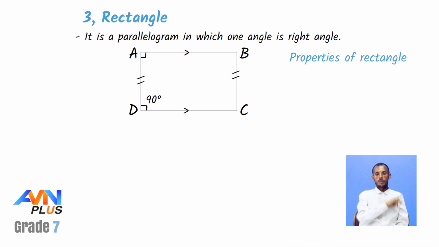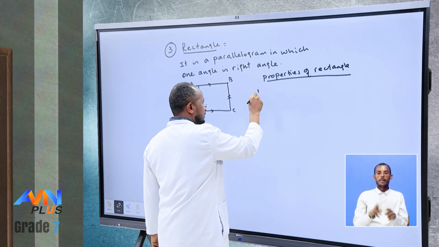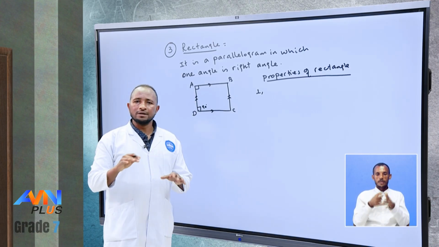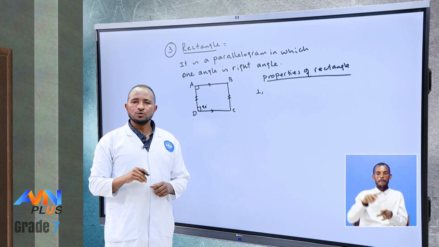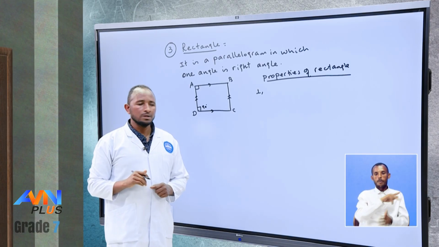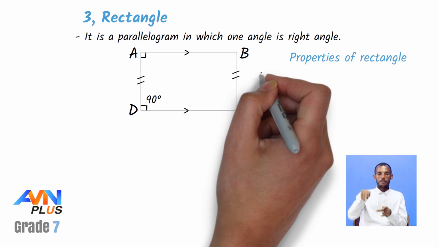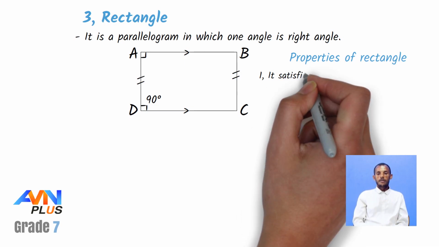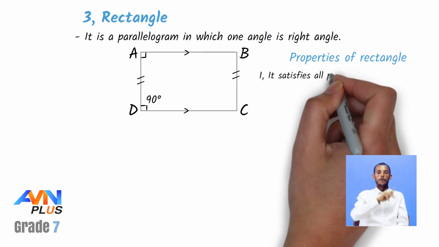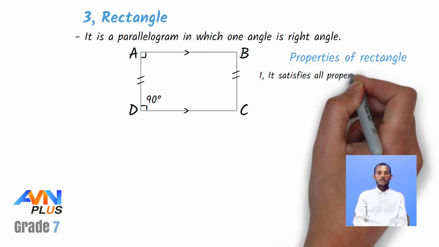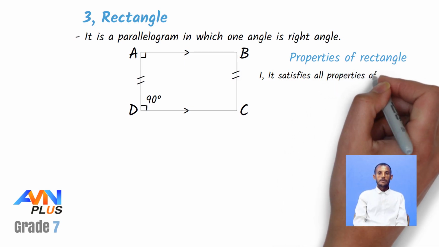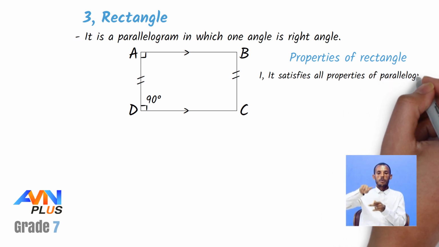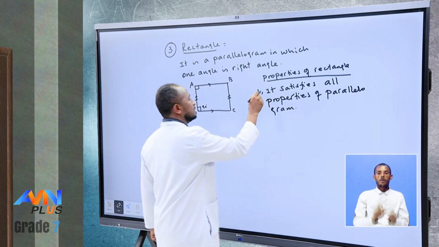Properties of a rectangle. One: since all rectangles are parallelograms, special parallelograms, it satisfies all properties of a parallelogram.